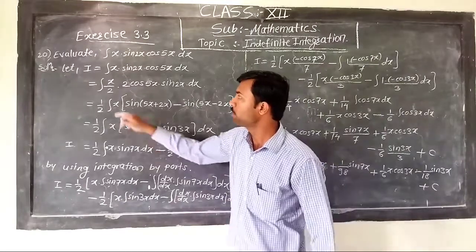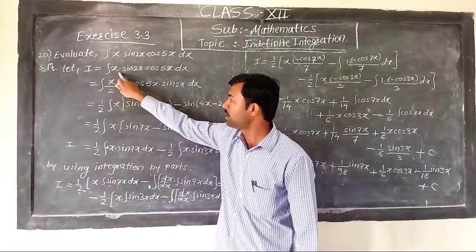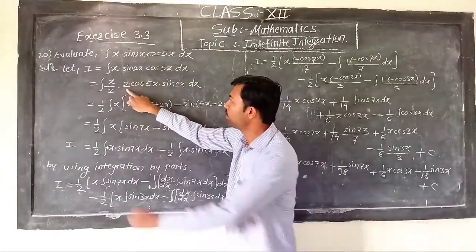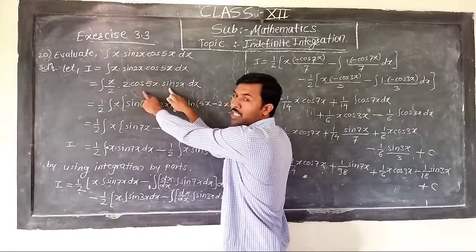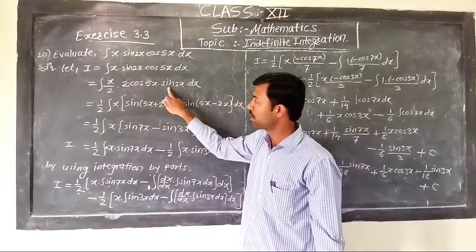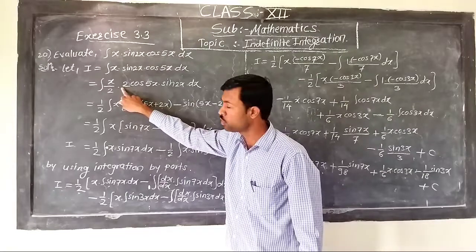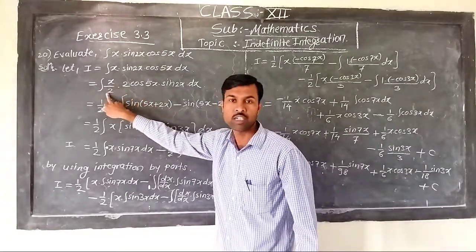Now I am going to make a very simple adjustment: I put 2 here, so it will be 2 into cos 5x into sin 2x, writing the cos term first. For balancing, as this 2 is in the numerator, I also take a 2 in the denominator in multiplication.